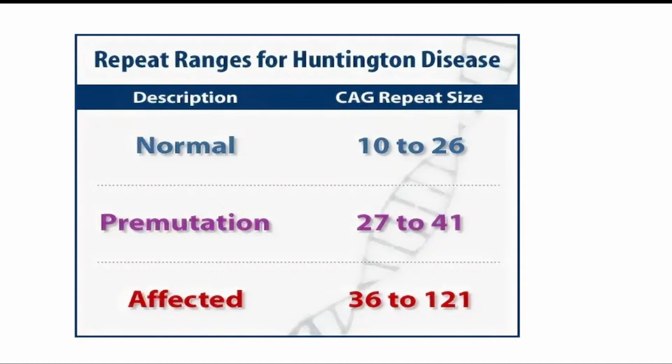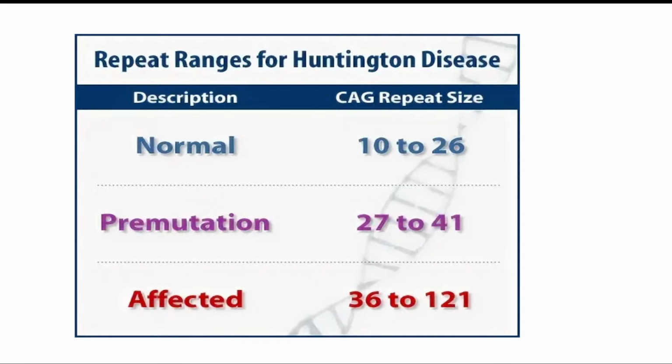So, in affected people, the number of repeats increases from 36 up to 121, and the normal number of repeats is from 10 to 26. The premutation stage is from 27 to 41 repeats.